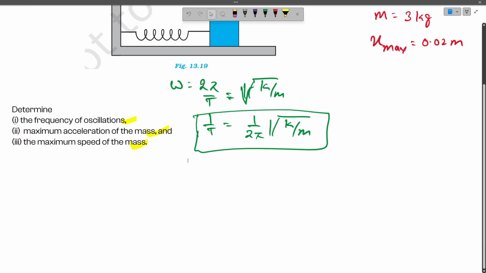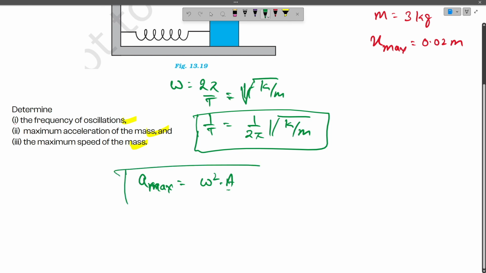Now for maximum acceleration, we know that the displacement is not given. So maximum acceleration in SHM is omega square A, where A is the amplitude, and x max here is given as 0.02 meter.